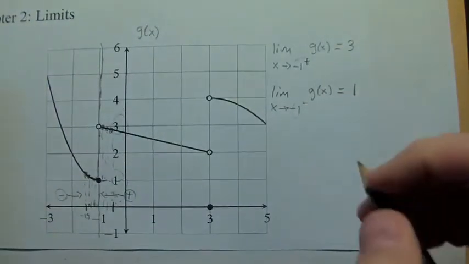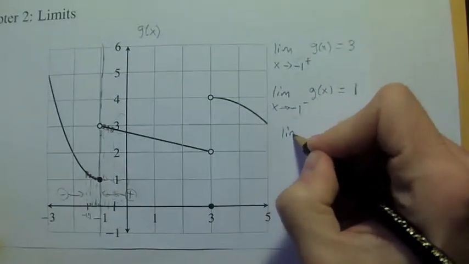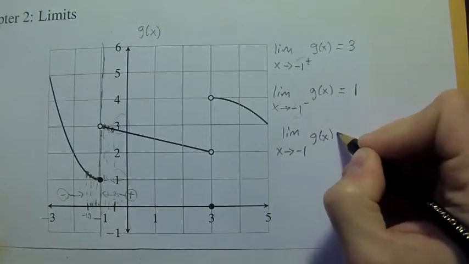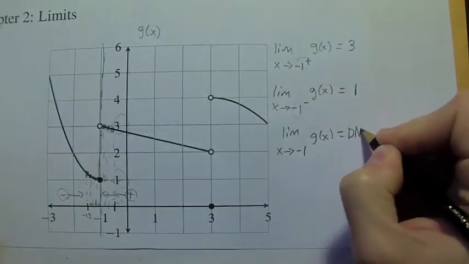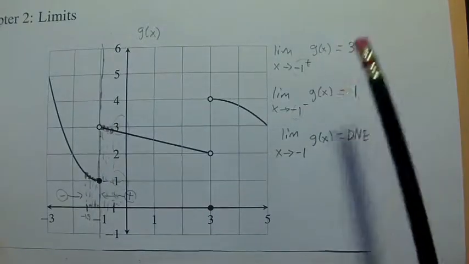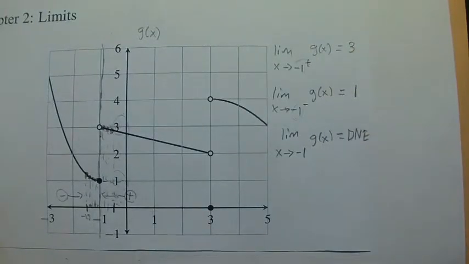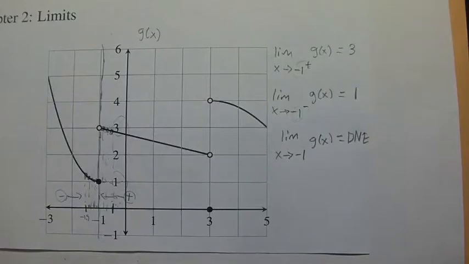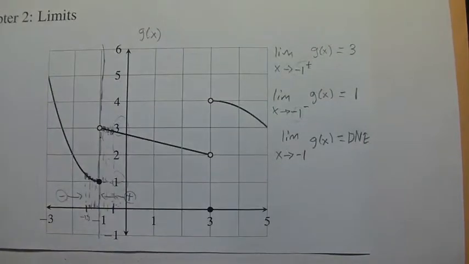Now, what can I say about the two-sided limit given this? Well, it does not exist. Why is that? These two don't match, right? The limits from both sides have to match for the limit itself to exist.